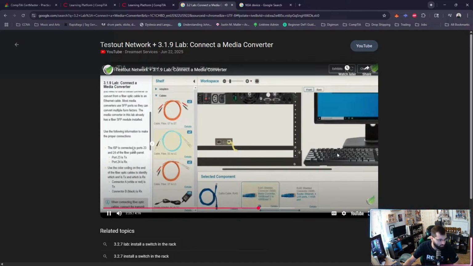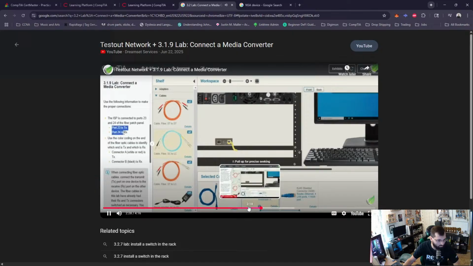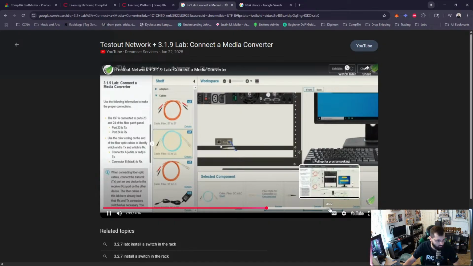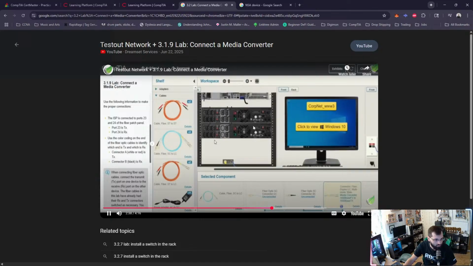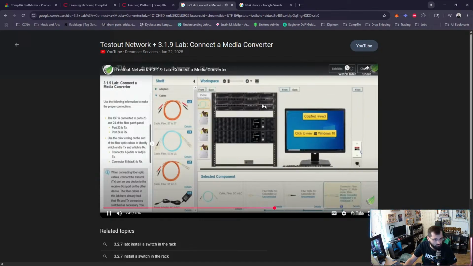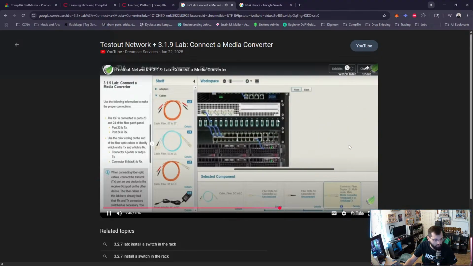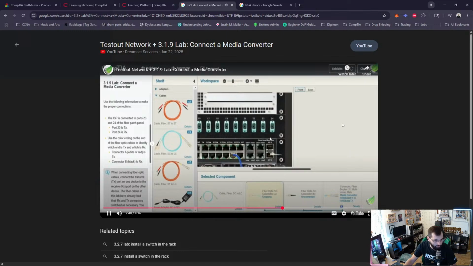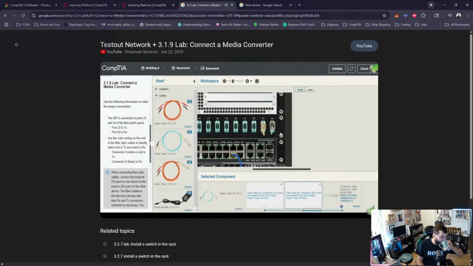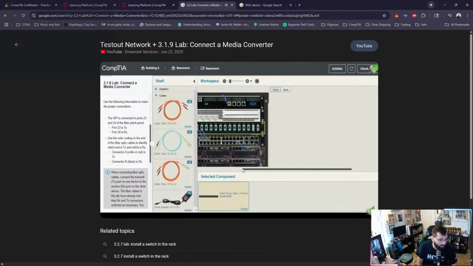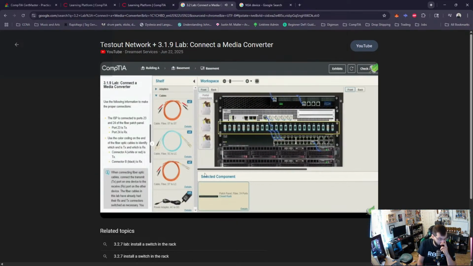And this fiber optic cable, this is port 23, this is TX, 24 is RX. Okay, that's exactly what I did. Plug this into this port here. And let's go to the front. A goes to 23, into this port. B goes to 24, into this port. Okay, cool. Got it. We're good.